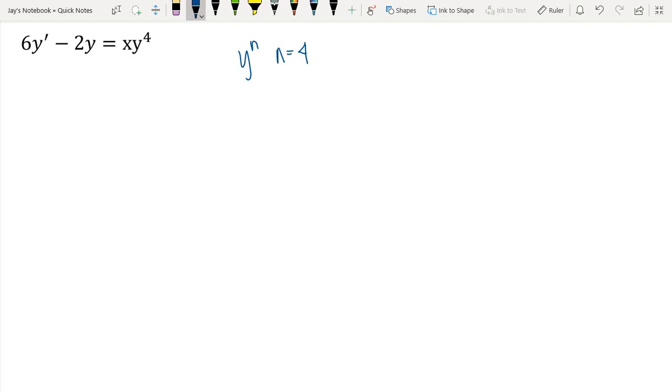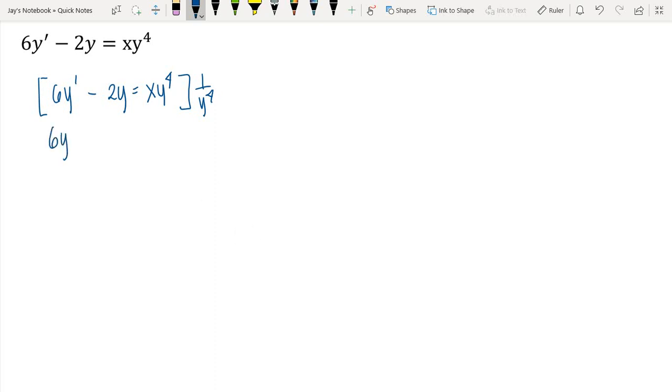So we take 6y prime minus 2y is equal to xy raised to the fourth, and multiply this by 1 over y raised to the fourth. Distributing 1 over y raised to the fourth inside the bracket, we get 6y^-4 y prime minus 2y^-3 is equal to x.